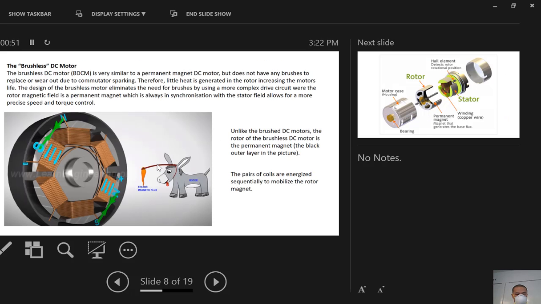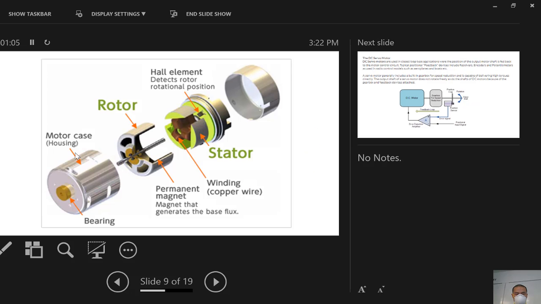And there's the brushless DC motor, a brushless version of it, where the rotor rotates instead of the shaft. So there's no direct contact, and it can last for a longer time.